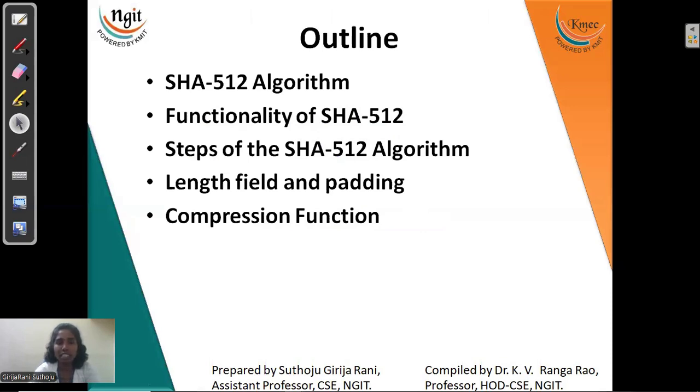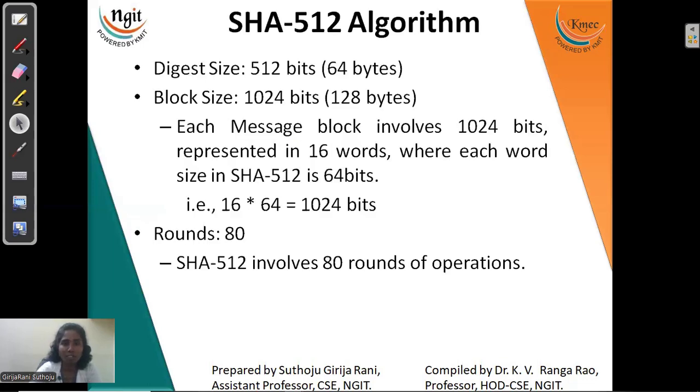In SHA-512, we have two major parts: the padding part and 80 rounds of operations with the compression function. So the last two points are discussed under the themes of padding and the compression function.